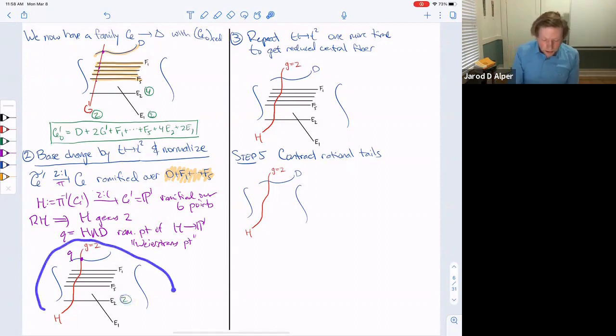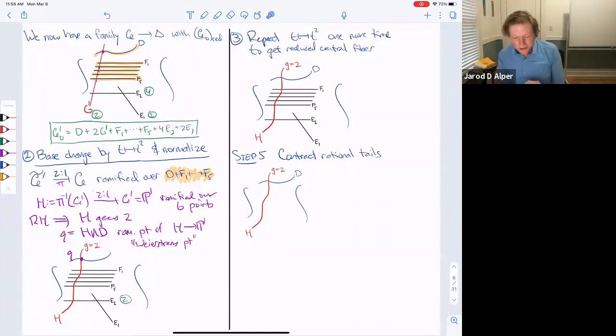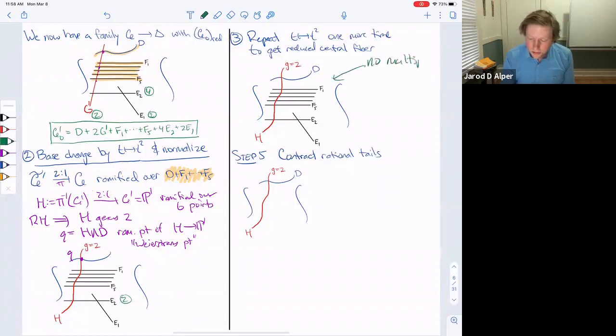And so we're getting closer to computing the stable limit. We do this process one more time, which doesn't really change anything other than decreasing the multiplicity of E2 to 1. So now there's no multiplicities, and we have a central fiber that's reduced and nodal.